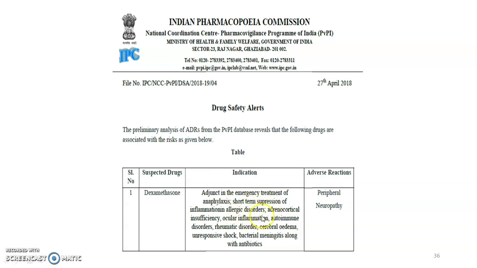We also use it in ocular inflammation and in autoimmune disorders. So they have mentioned the indications for using dexamethasone. But if you use dexamethasone in these indications as a healthcare professional, you need to always monitor, whether the patient may or may not develop it, that peripheral neuropathy is one of the ADRs of dexamethasone.